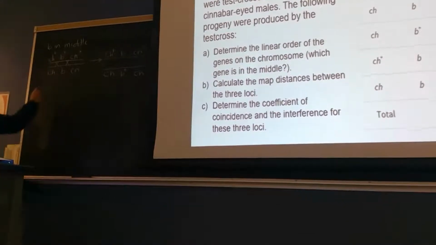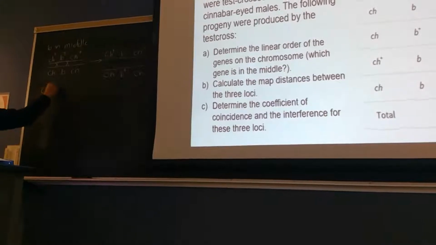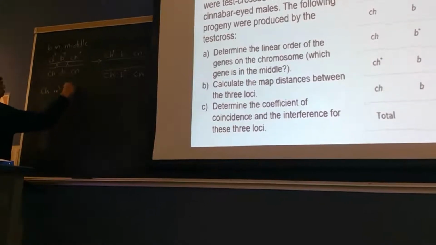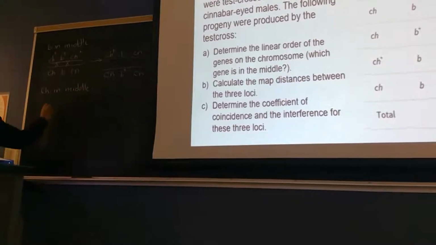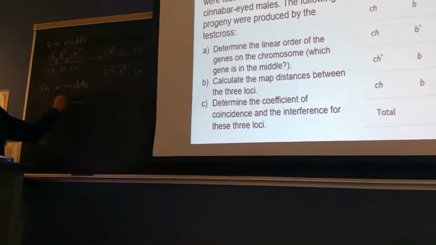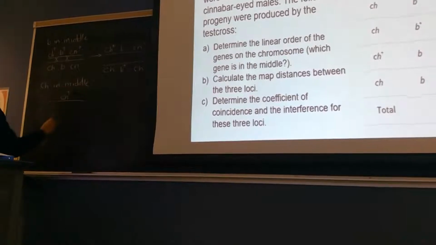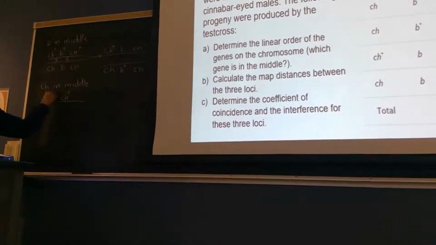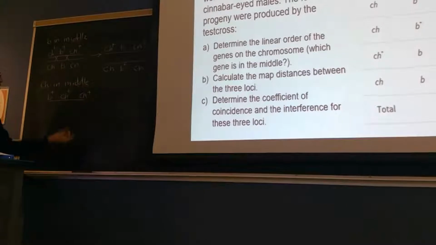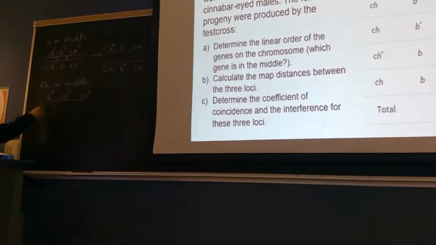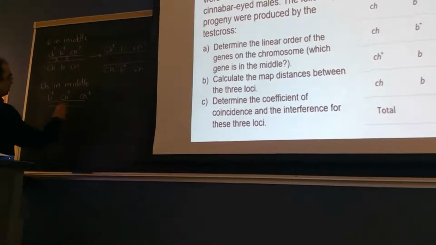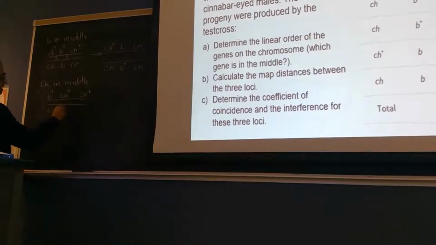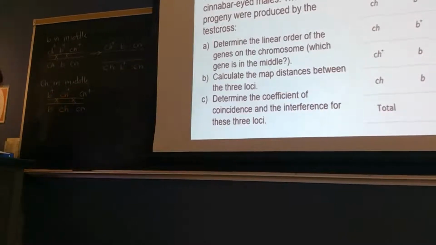Okay. Now take CH in the middle. If CH is in the middle, then here will be CH, and the others could be anywhere, this side or that side. You can take CN plus here, B plus here, that doesn't matter. This is our non-crossover type.